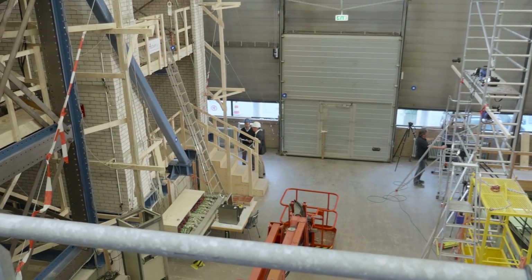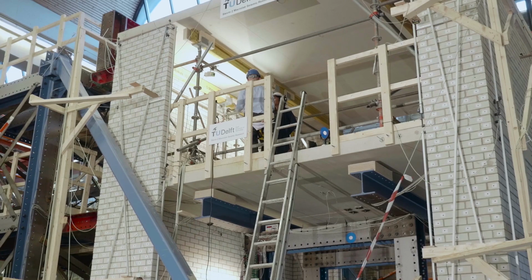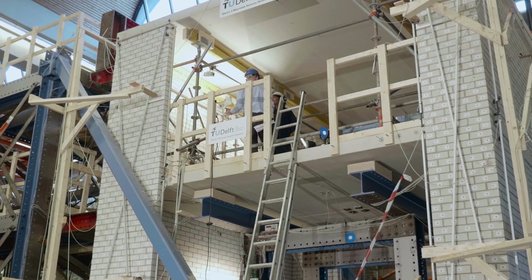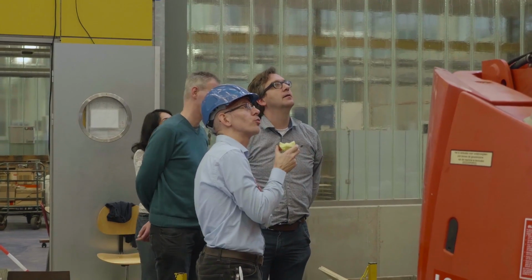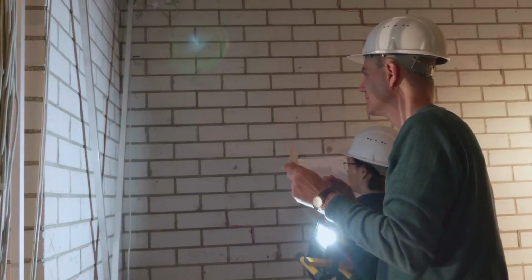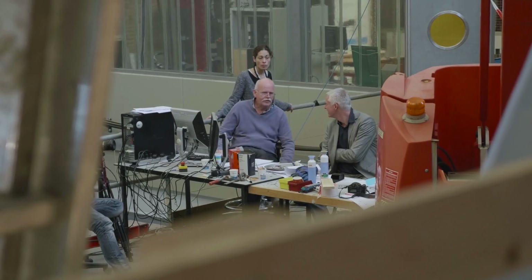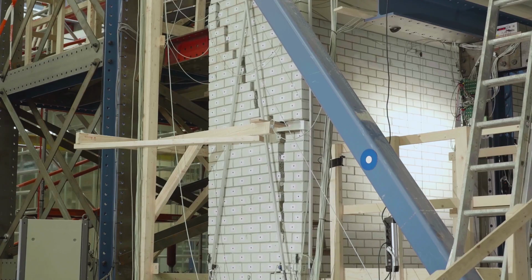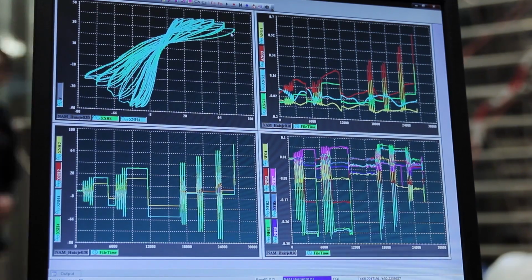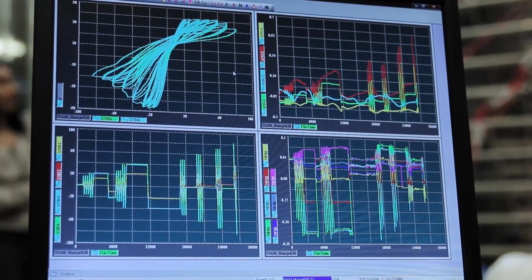After testing single walls, it is also necessary to test full-scale structures. Here you can see the test of a full-scale structure in calcium silicate brick masonry and concrete floors, resembling a house. This house is tested by applying quasi-static cyclic displacements on both concrete floors.